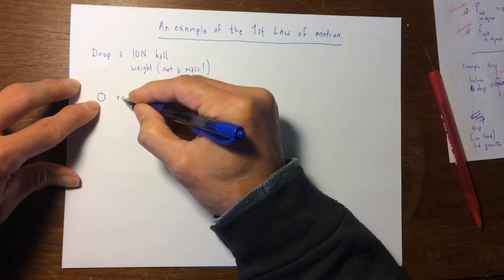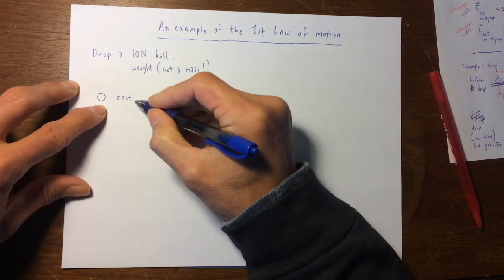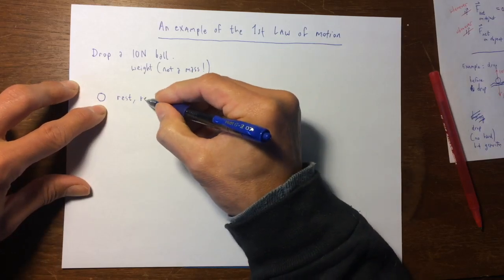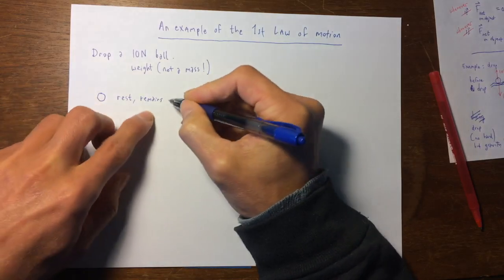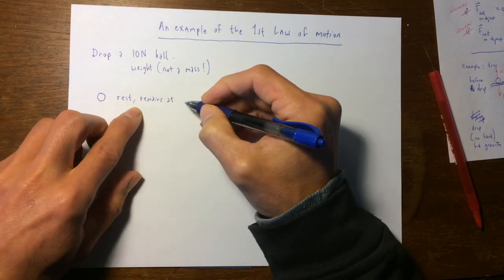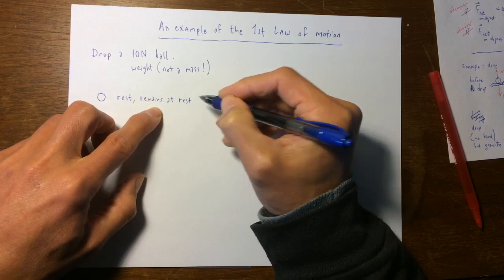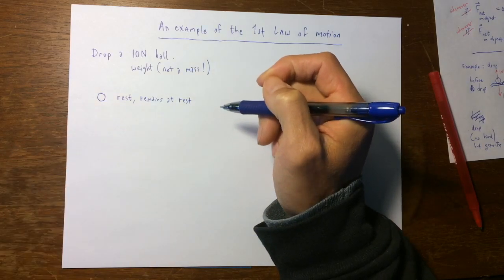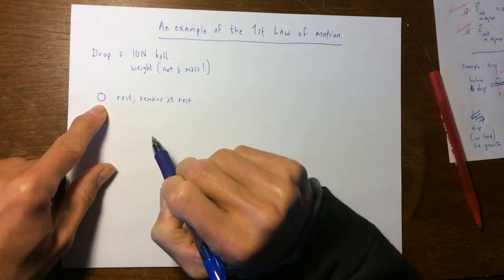I'm going to say that it has a velocity of 0, it's at rest, but not only that, it's in a situation such that its motion is not changing, it remains at rest. That is, the velocity is a constant value of 0 for some small amount of time.